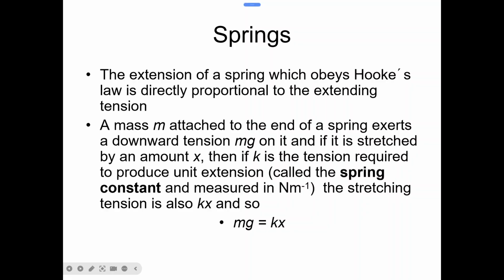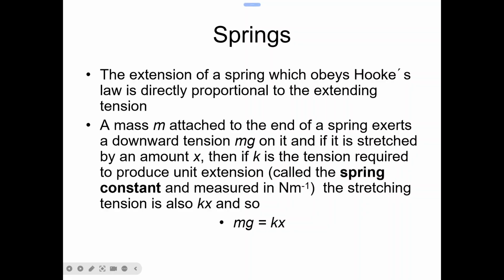Now look at this mass. It's 50 grams, right? So 50 grams is about 0.05 kilogram, times the acceleration of free fall, or gravitational field strength, roughly 10. Then you get roughly 0.5.